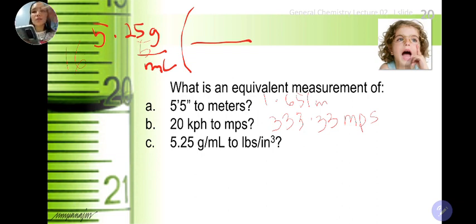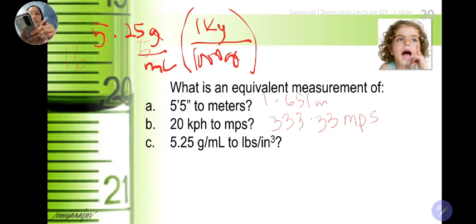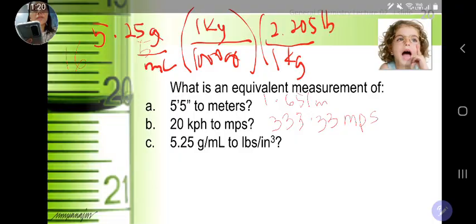So, kilogram muna natin siya i-convert. 1 kilogram is equal to 1,000 grams. And then, 1 kilogram is equal to 2.205 pounds.